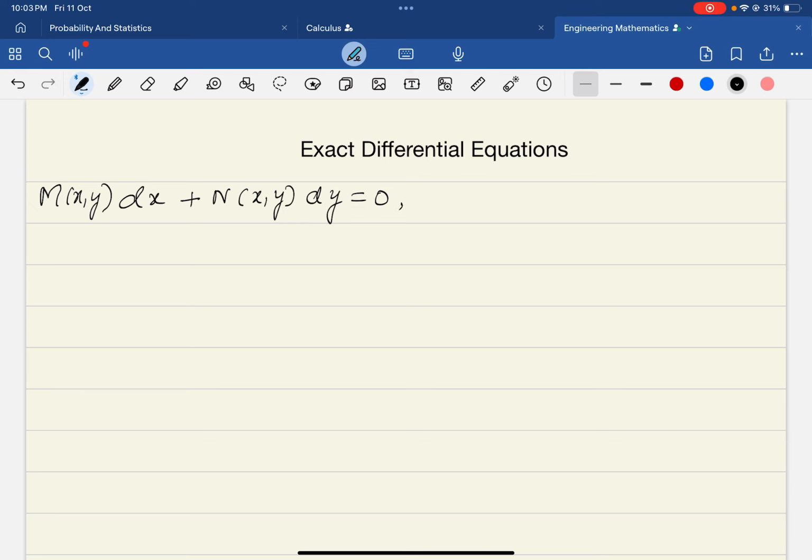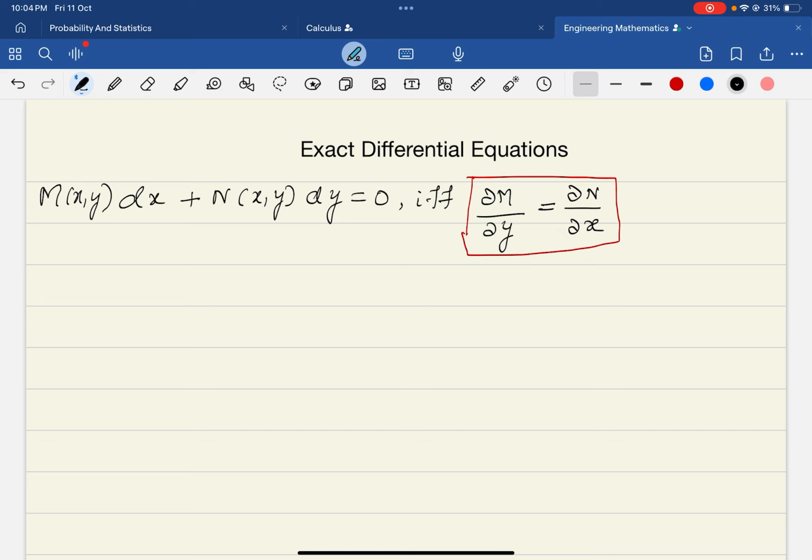We say that it is exact if and only if dou M by dou y, that is the partial derivative of the function M with respect to y, is equal to the partial derivative of the function N with respect to x. This will be an exact differential equation if it satisfies this condition. This is the important condition to verify whether it is exact or not.